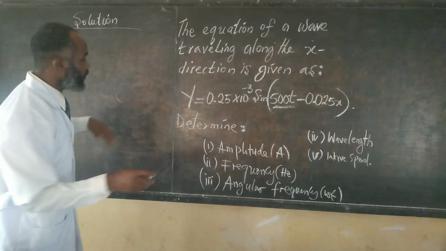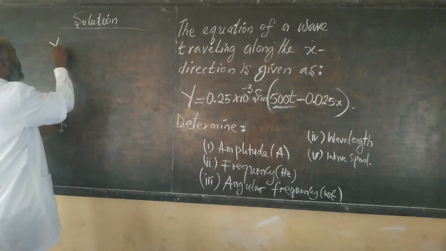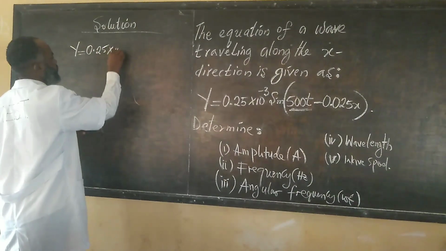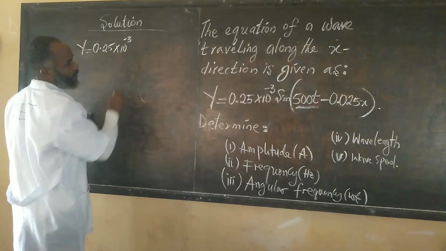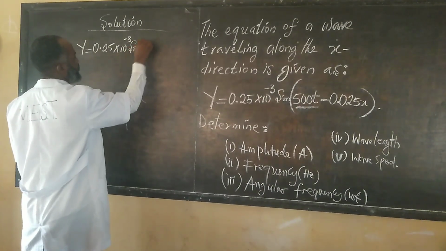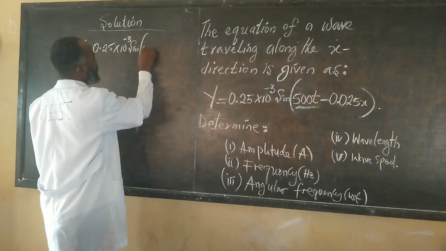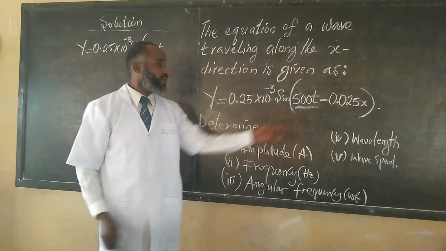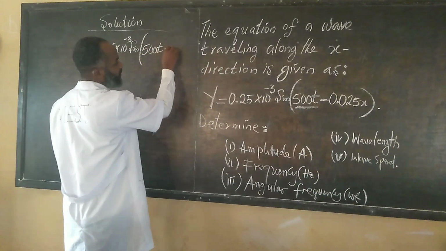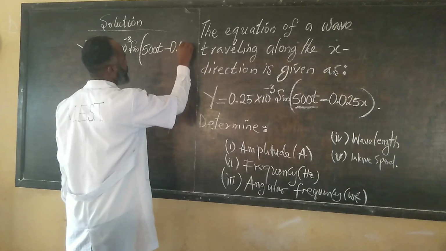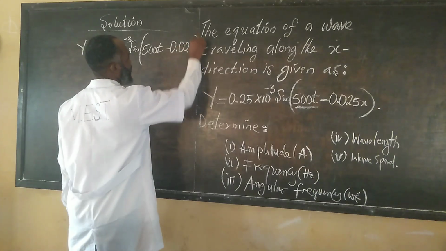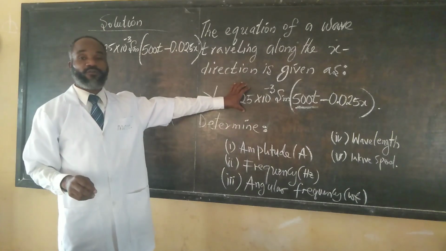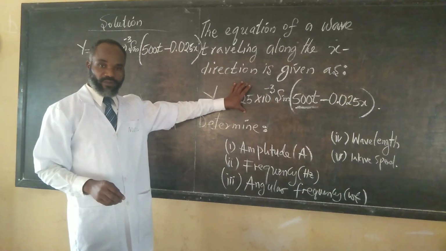So we have y is equal to 0.25 times 10 raised to the power minus 3, then sine, bracket open, we have 500t, and then minus 0.025x. That's the equation of a plane progressive wave.